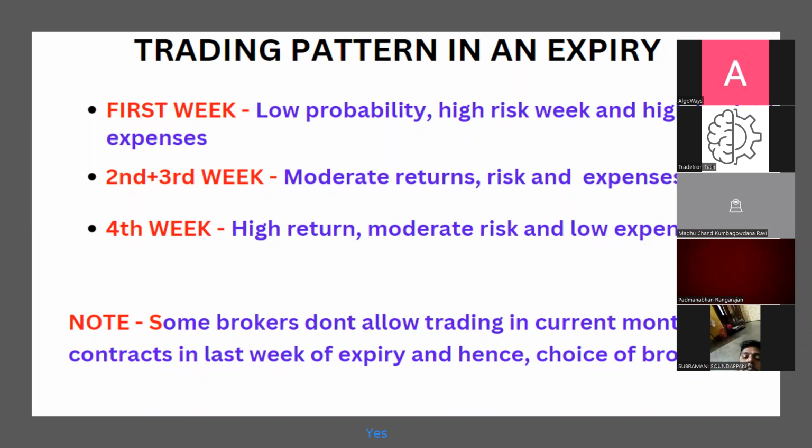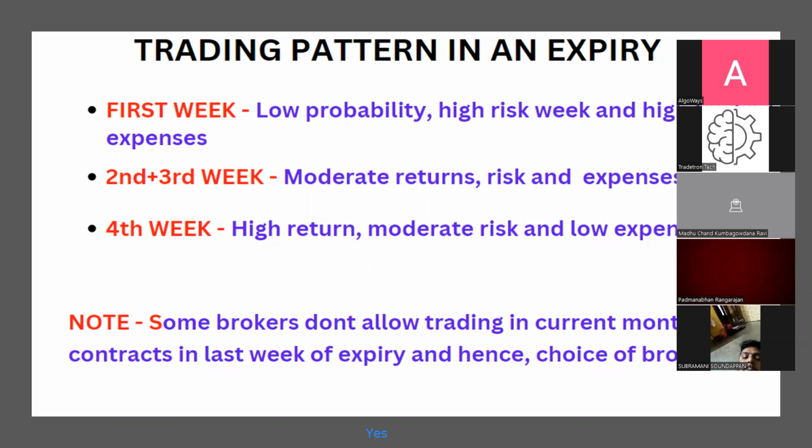Now the challenge here is that in the last week of the month, some brokers don't allow trading in current month contracts, and hence there is a chance of losing that opportunity. The reason for this is that the tender period starts 5 days prior to the expiry. And in the tender period, some of the brokers who play very safe don't allow the current month contract.